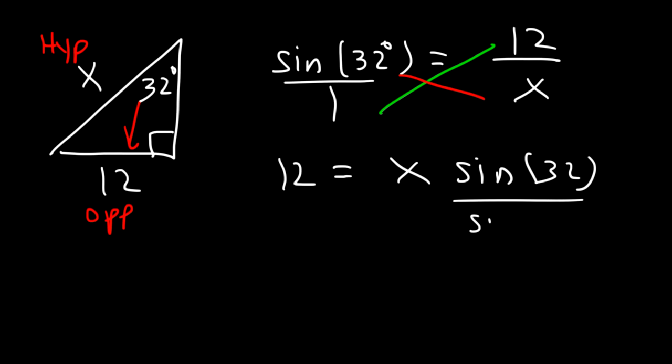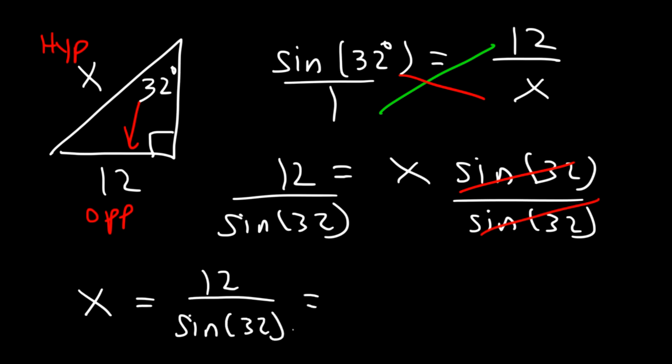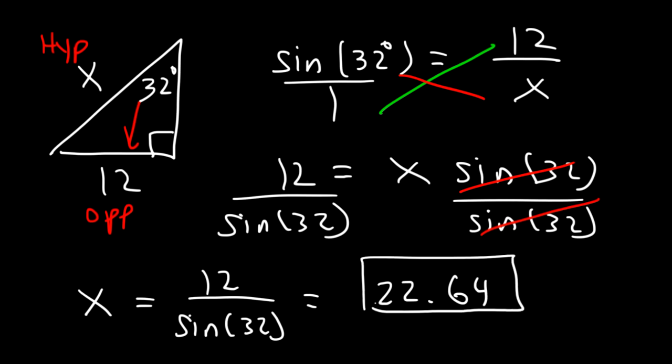Next, I recommend dividing both sides by sine 32. Sine 32 divided by itself is 1. So therefore, x is equal to 12 over sine 32. 12 divided by sine 32 is 22.64. So that's the value of x in this particular problem.